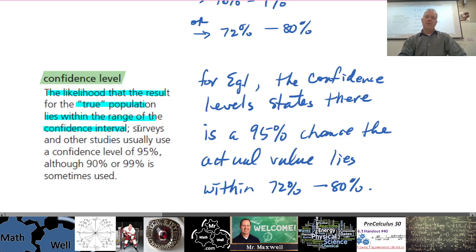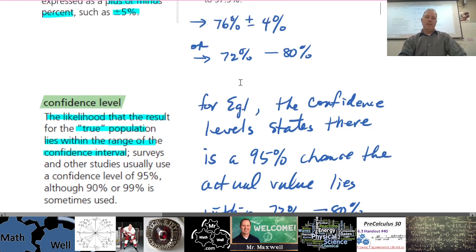So, like I said before, this is the stated value, this is the margin of error, the whole thing is the interval, and this last little bit says that they are 95% sure that the actual value is right around 76, between 72 and 80. So there's an added little buffer there.